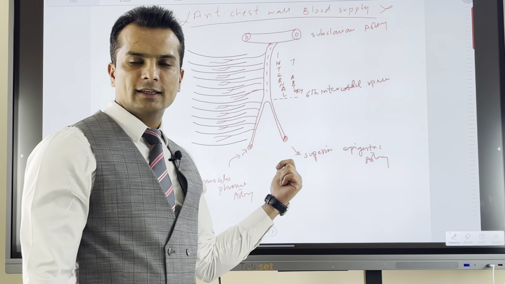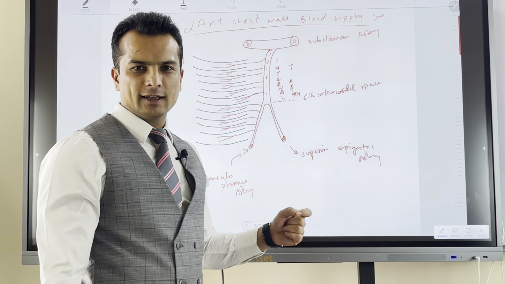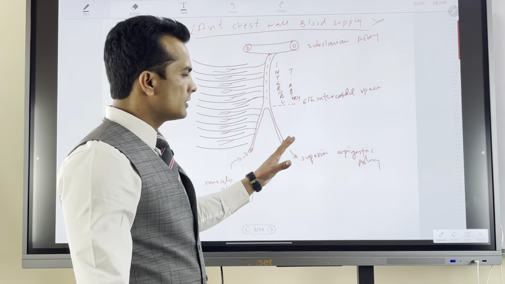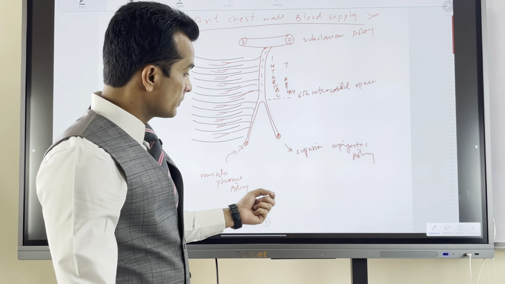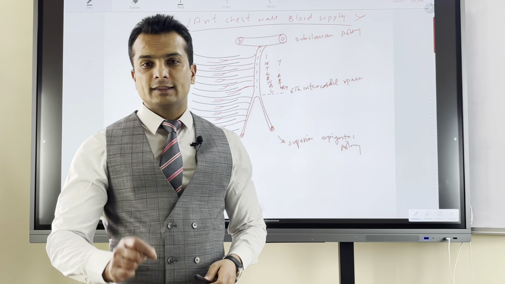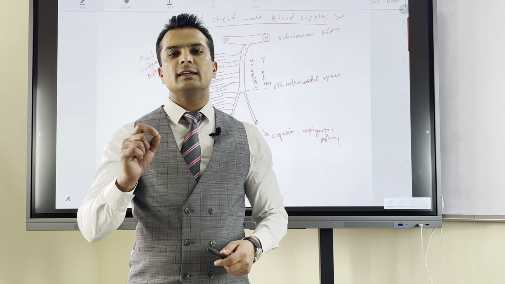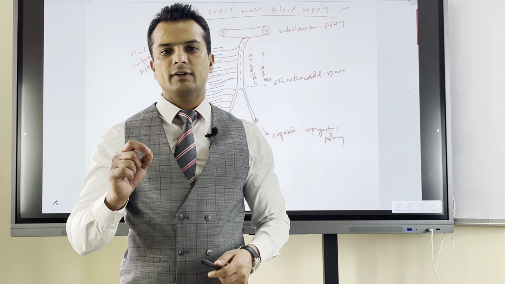Next we will discuss the blood supply of the posterior chest wall, but let me finish the branches of the internal thoracic artery first. You can write in your notes that the internal thoracic artery is a branch of the first part of the subclavian artery.